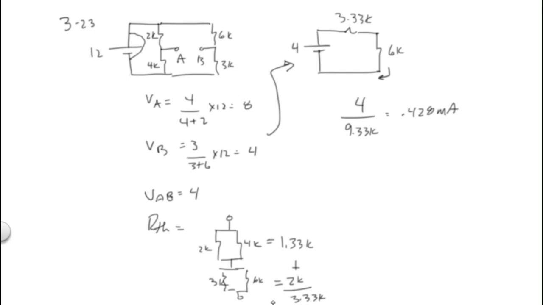Okay. Number 24. Okay. Find the current in that circuit right there. So basically we're going to find the current across that.